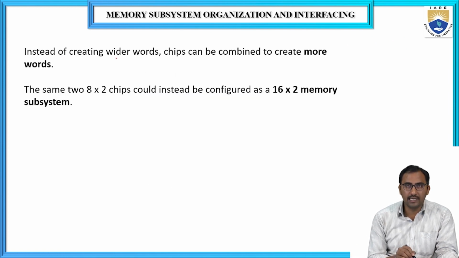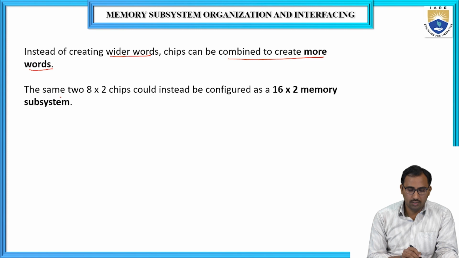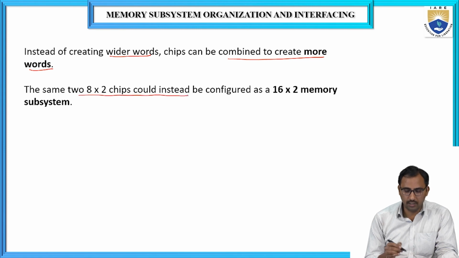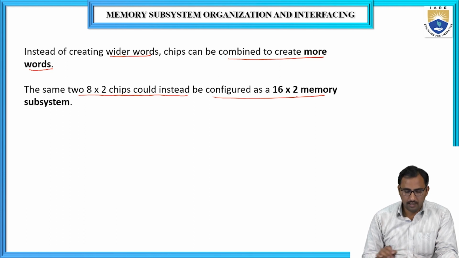So instead of creating wider words, the chips can be combined to create more words. So here, instead of increasing the word length, we can also increase the number of memory locations. The same two 8 by 2 chips could instead be configured as a 16 by 2 memory subsystem.